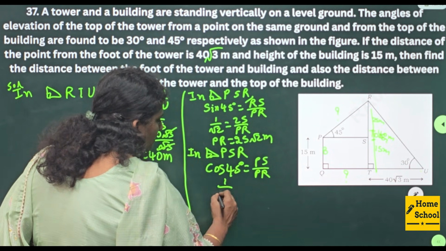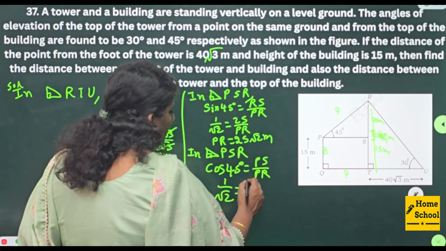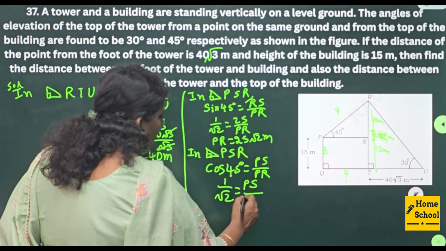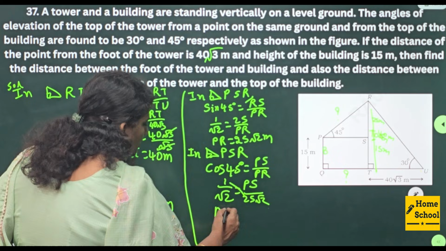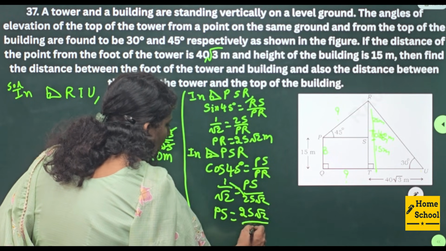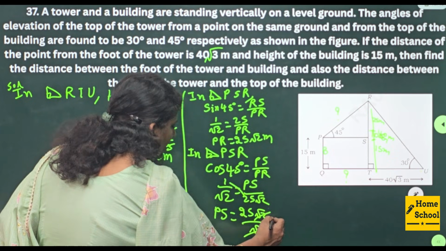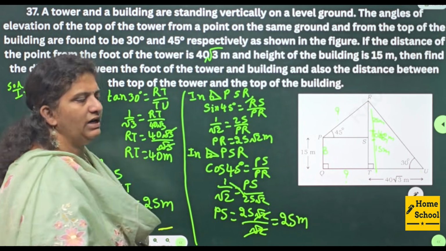Cos 45 value is 1 by root 2. We don't know PS. PR we got 25 root 2. Cross multiply. PS is equal to 25 root 2 by root 2. Root 2 cancel. Therefore, PS is equal to 25 meters.